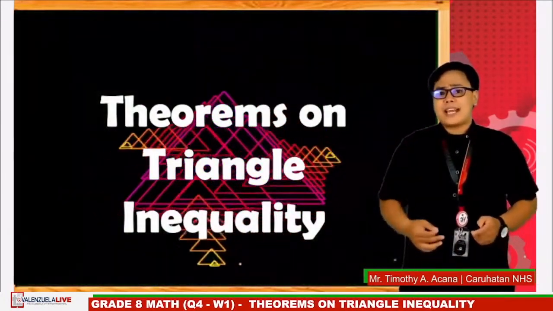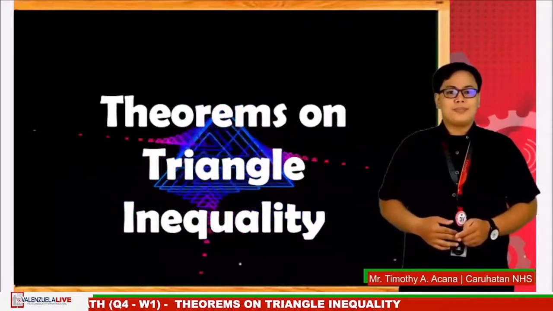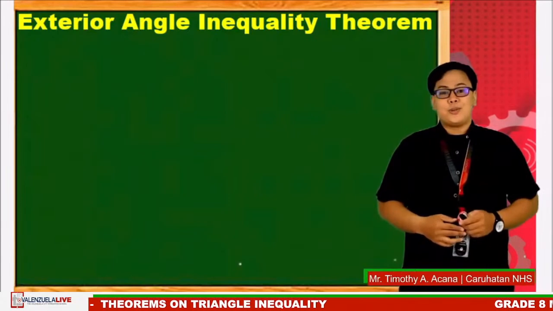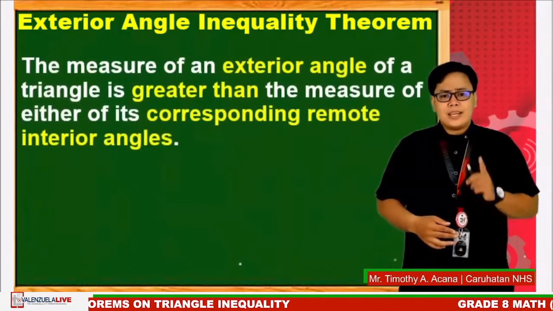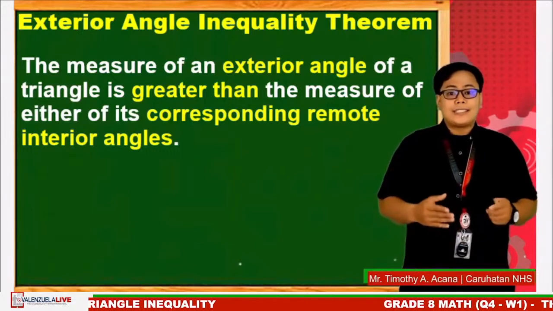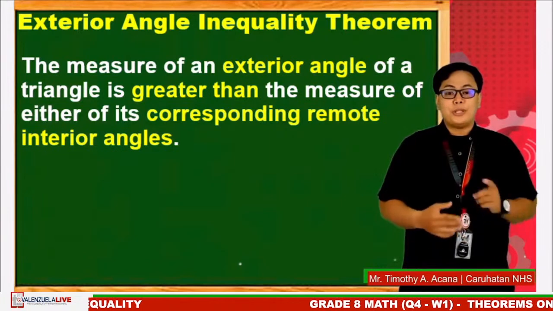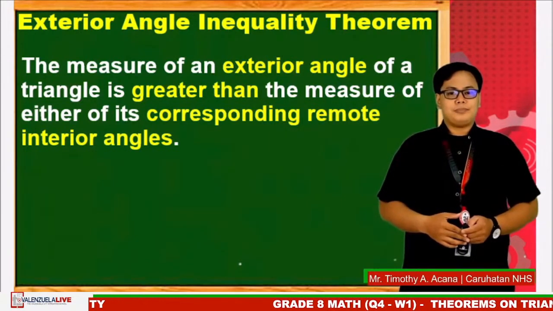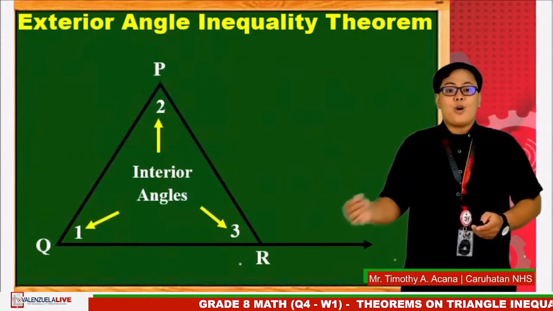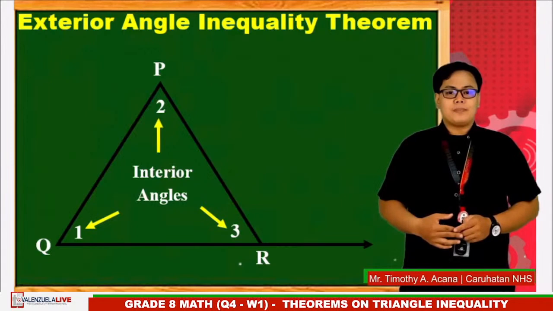Now, let us discuss the different theorems on triangle inequality. Let us start with the exterior angle inequality theorem. The measure of an exterior angle of a triangle is greater than the measure of either of its corresponding remote interior angles. In this given example, we have triangle PQR and angles 1, 2, 3.